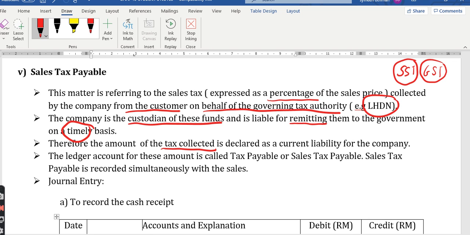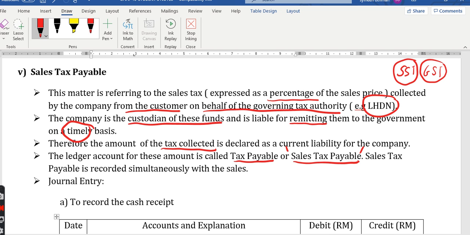So the ledger account for this amount is called tax payable or sales tax payable. Why is it payable? Because it's a liability to the company that needs to be paid to the government later during the accounting period.